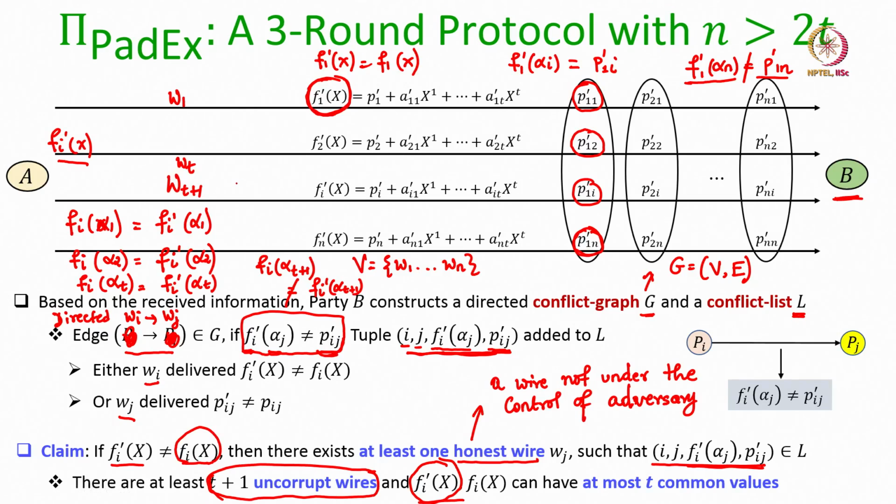That means the value p'_i(t+1), which is actually the value of the original ith polynomial at alpha of t plus 1, because I am assuming that the t plus 1th wire is an uncorrupt wire, will conflict with the value of the received ith polynomial at alpha of t plus 1, and that is why there will be a tuple of the form (i, t+1, f'_i(alpha_{t+1}), p'_i(t+1)).